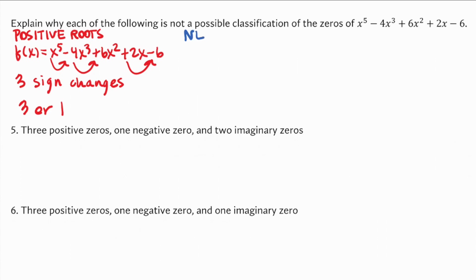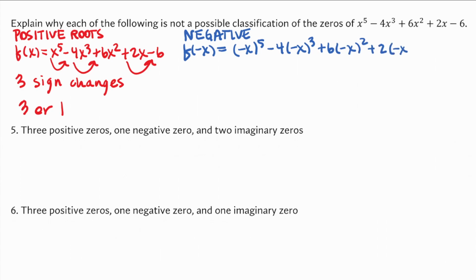Okay, for negative roots, I just need to consider f of negative x. That's going to be negative x to the 5th power minus 4 times negative x taken to the 3rd power plus 6 times negative x squared plus 2 times negative x minus 6.